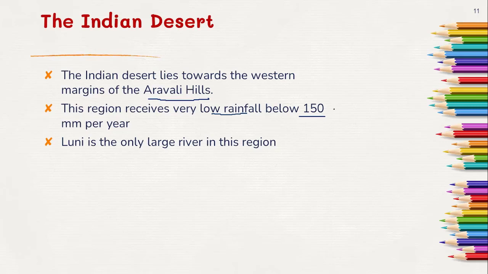The people's occupation is sheep and camel rearing. Loni is the only larger river on which the people of this Indian desert are dependent. So the population staying in the desert is very much less.